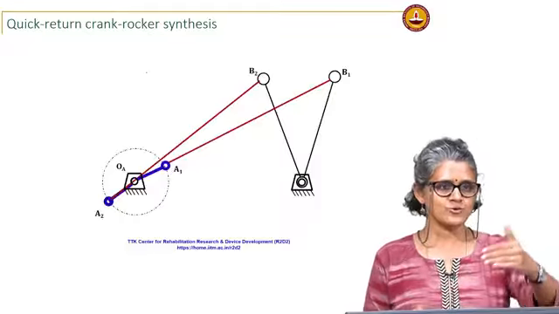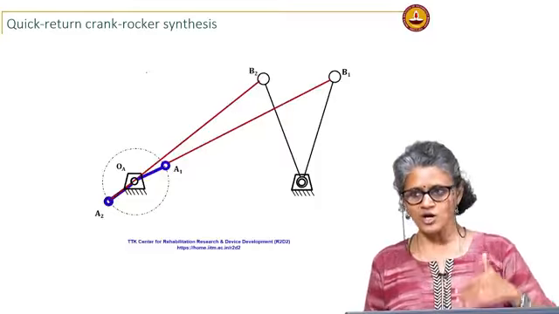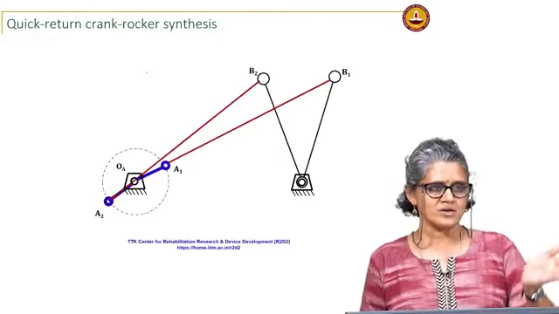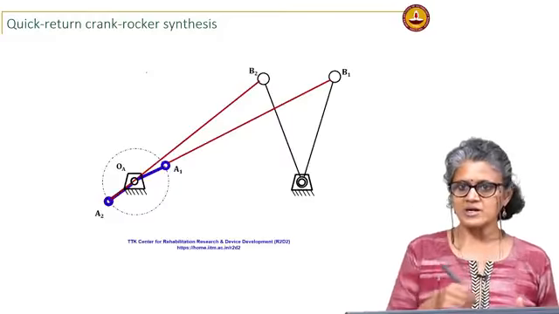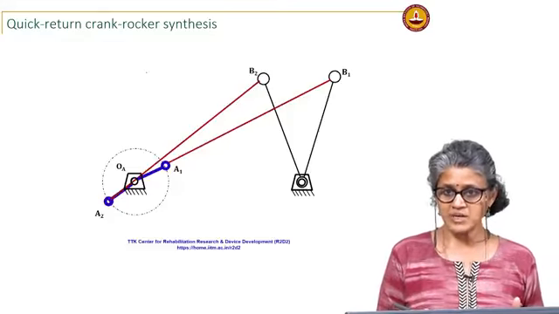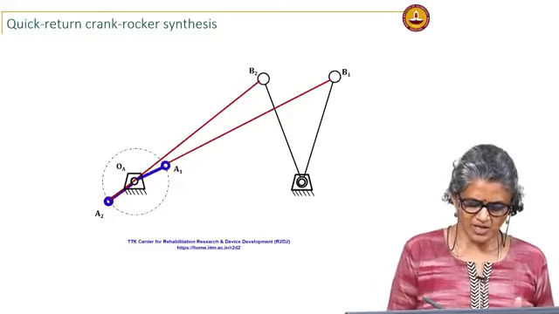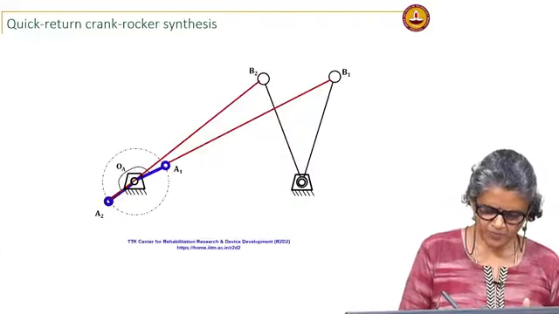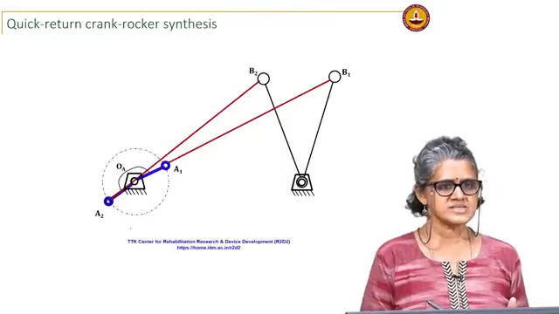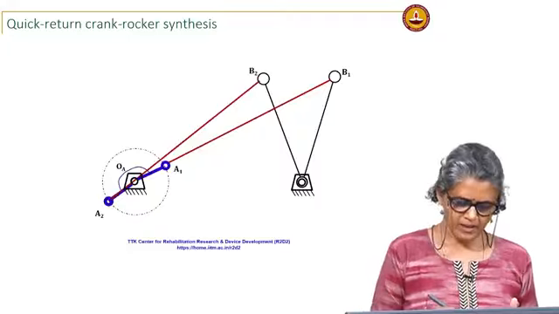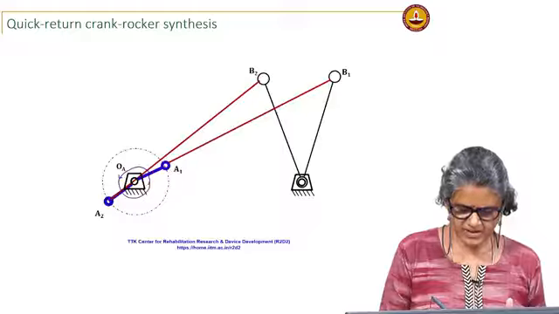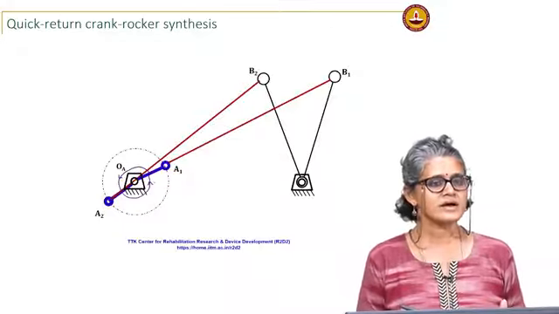So, that should tell you that if OA is not on that line, then your time for the forward stroke and time for the return stroke are going to be different. Here you can see A1 to A2 traverses this angle, A2 to A1 traverses a smaller angle.